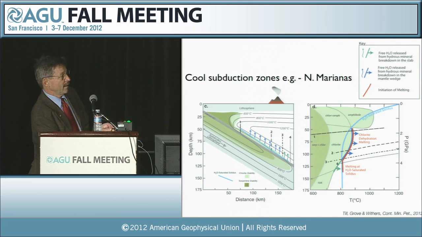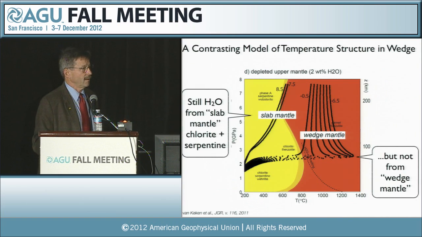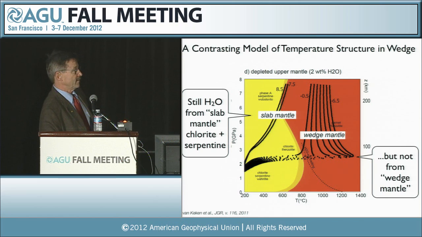That free water immediately says, ooh, I'm above the vapor-saturated solidus, and so you start melting. So you could have two different contrasting scenarios that you ought to be able to see in terms of trace element signatures.